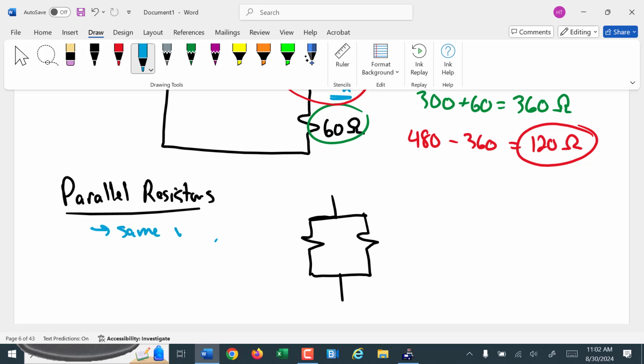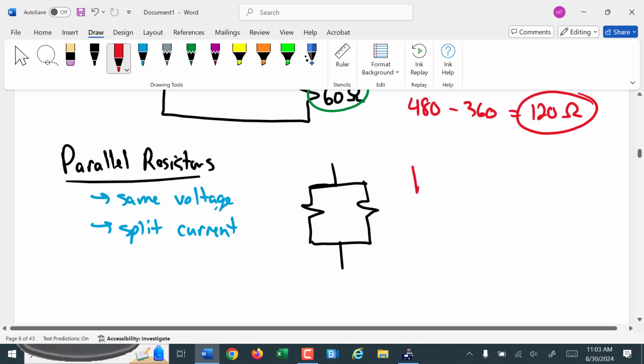So where the series resistors split the voltage and had the same current, parallel resistors have the same voltage, they split the current. They don't split it equally, but they do split the current.